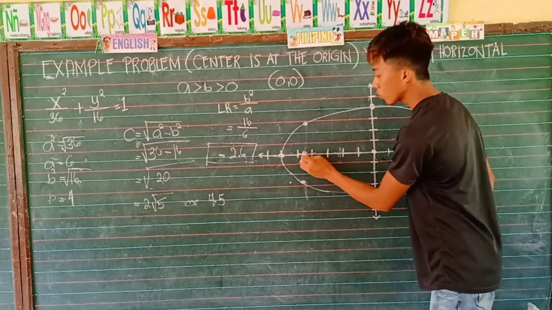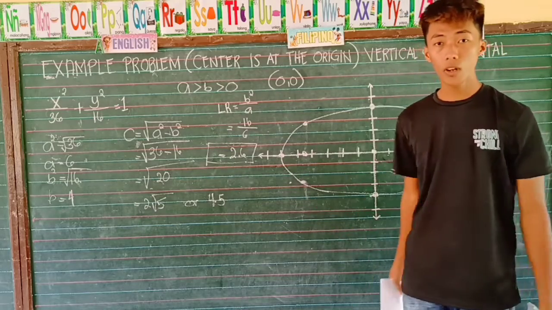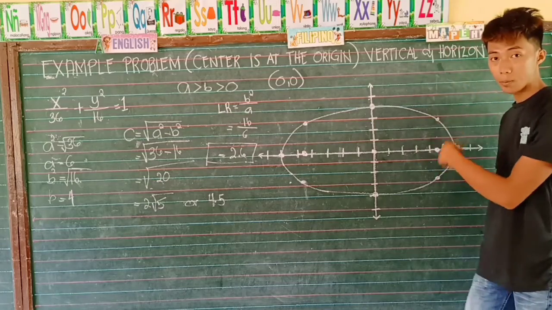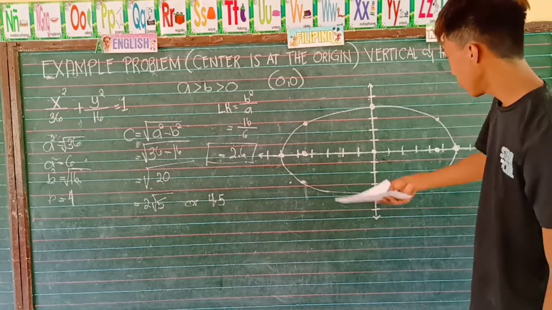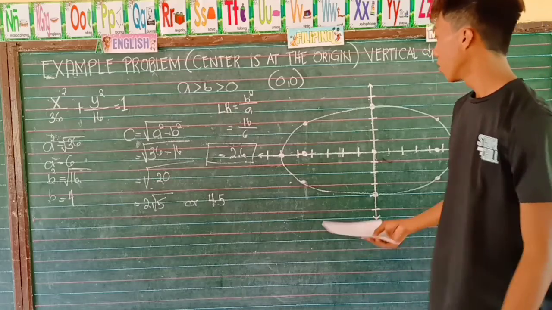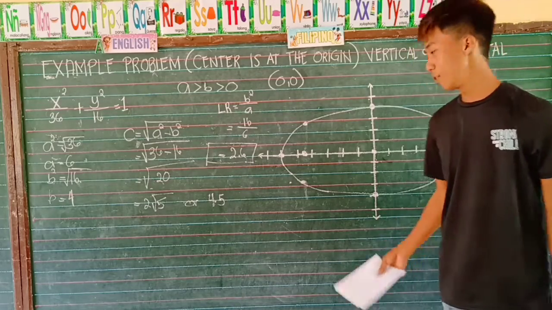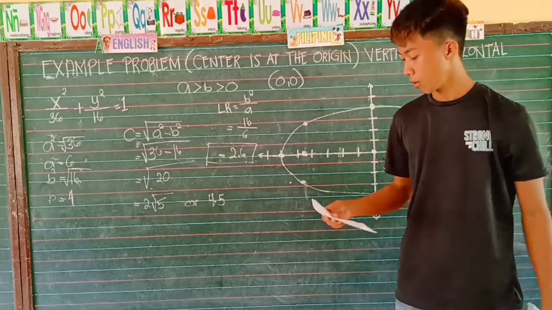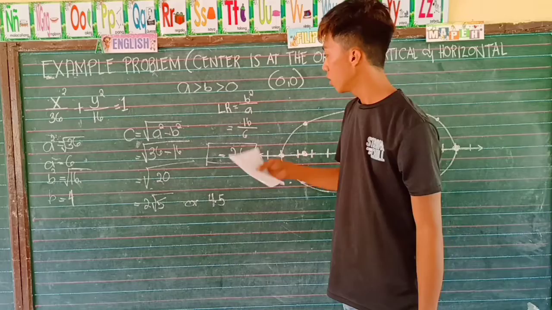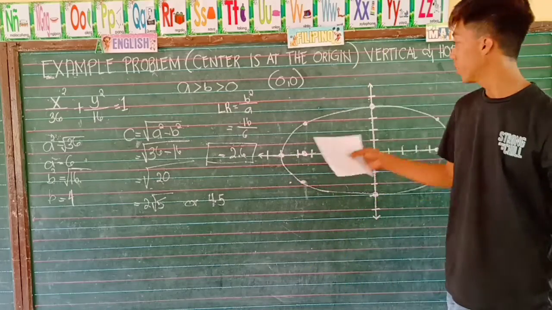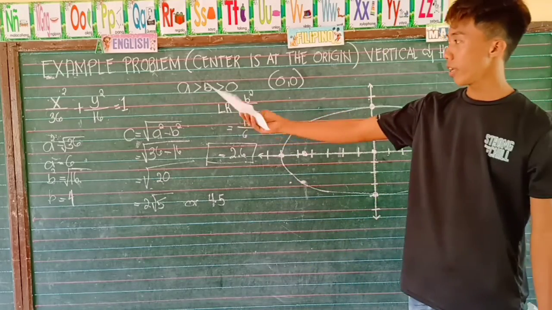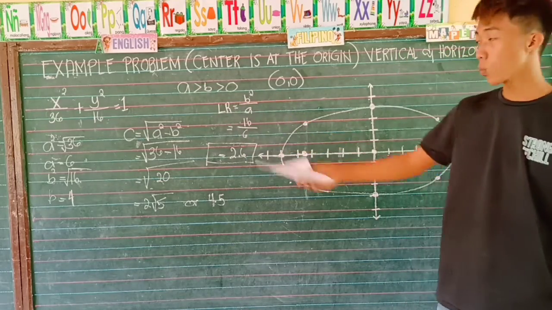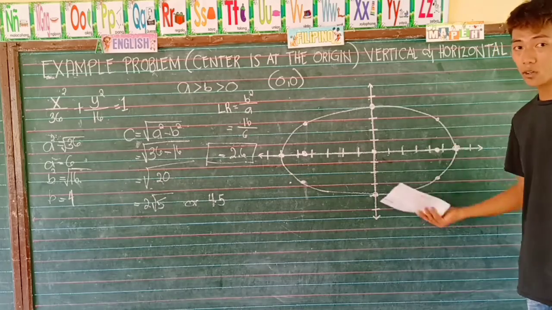Let's remember that our foci are inside our ellipse. I can't quite picture it, since we are drawing the ellipse by hand. And then, that's all. That's how I find the equation x squared over 36 plus y squared over 16 equals 1, and it is a horizontal axis.